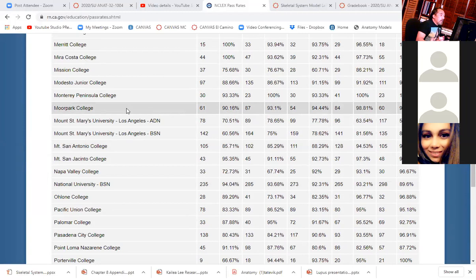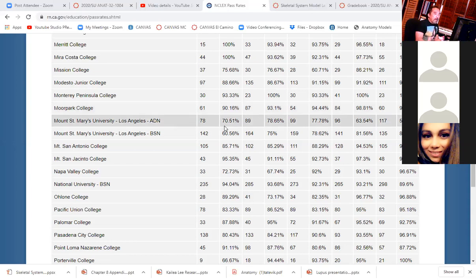Because remember, we literally teach students to actually understand anatomy, physiology, microbiology, because that's going to be their thing when they pass. Now I don't understand this. Mount St. Mary's University, it's a $70,000 tuition for the associate's nursing, $75,000, and that's your passing rate.